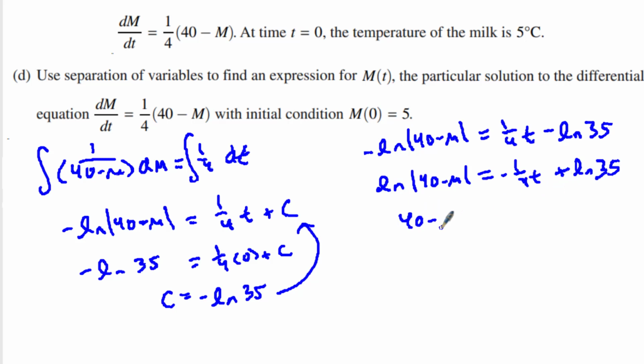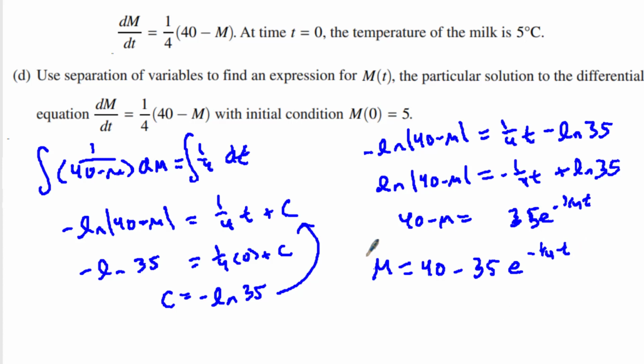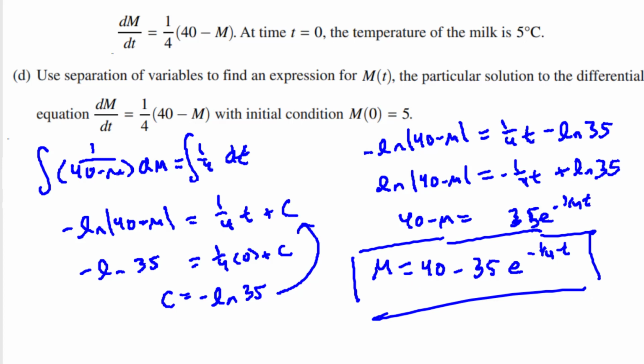So we have 40 minus M equals e to the negative 1/4 t, and that brings my 35 as a constant out front, so that's 35 e to the negative 1/4 t. Now I'm going to move over the M, so M is equal to 40 minus 35 e to the negative 1/4 t. And that is my particular solution for this equation.